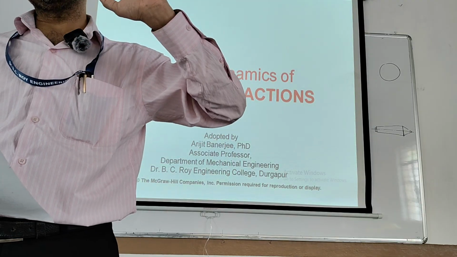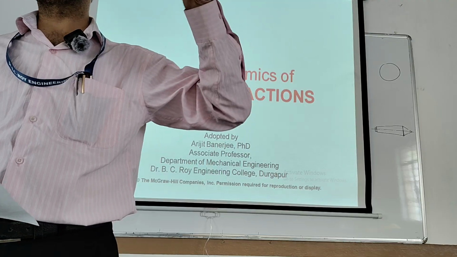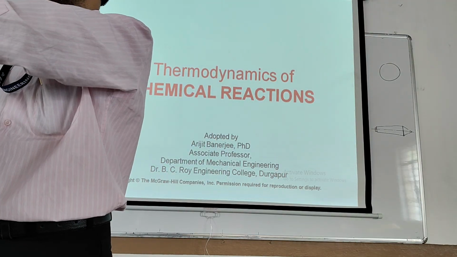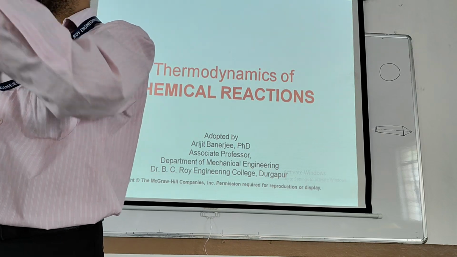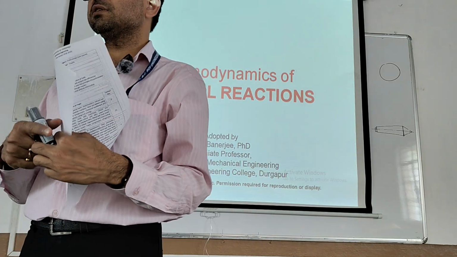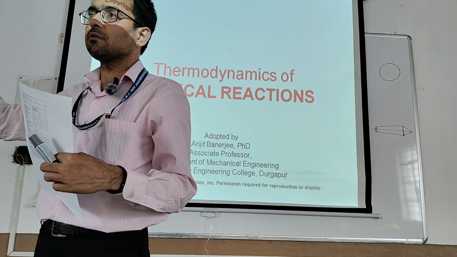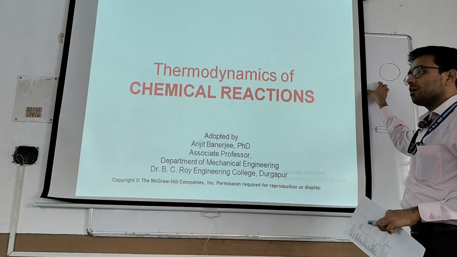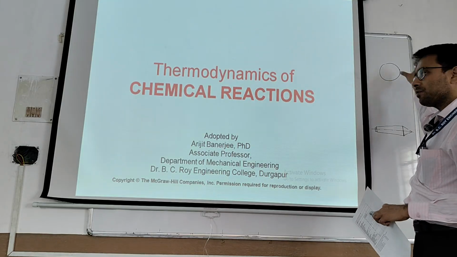From the stoichiometry you can have some fuel and air and you can calculate what will be the product of combustion. So this is forward calculation. And exhaust gas analysis means you know the products, right? On the left hand side you have reactants and on the right hand side you have products.